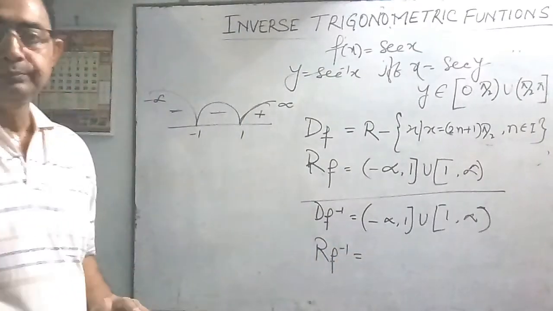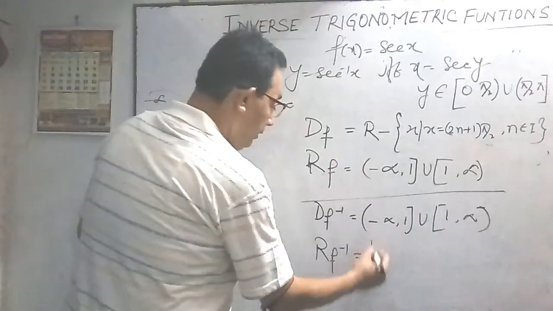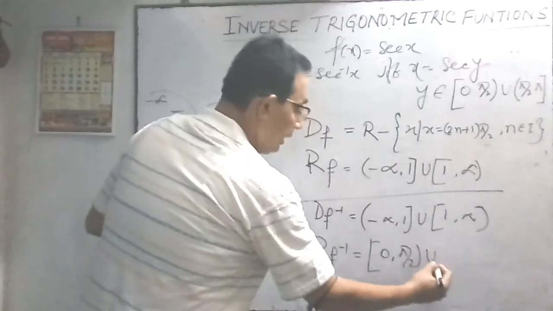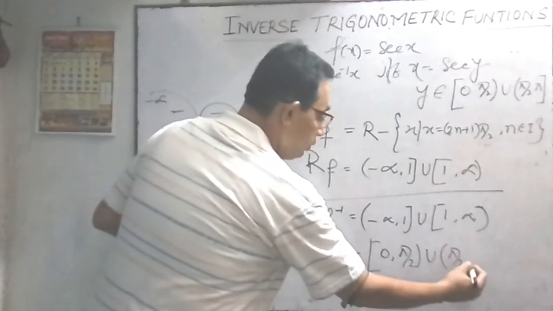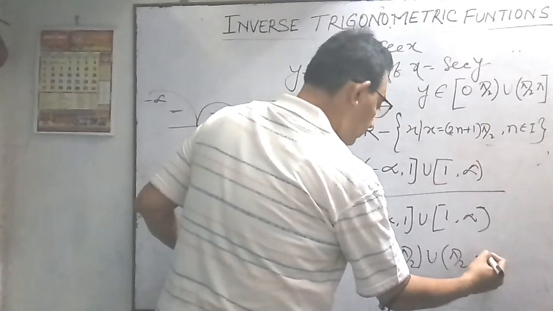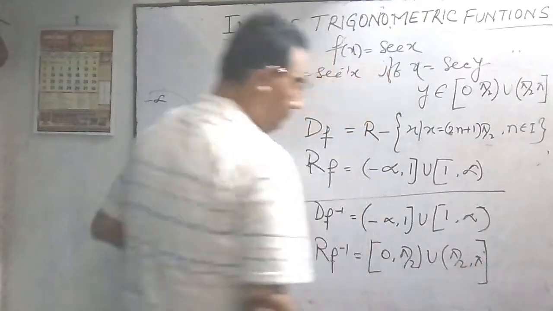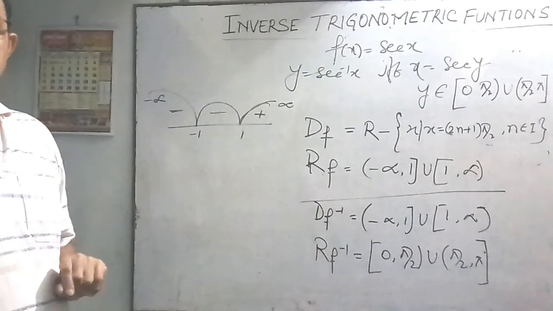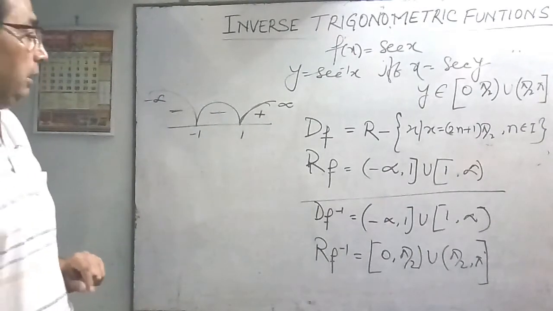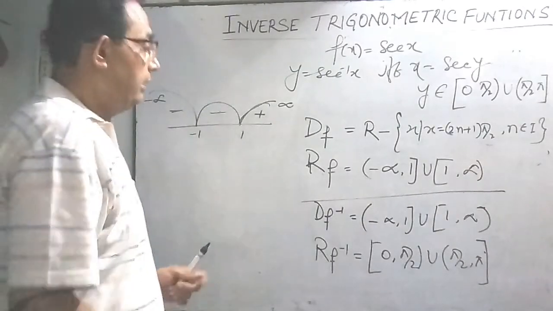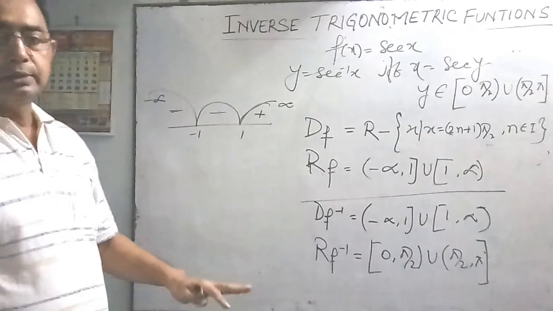The range should be 0 to pi by 2 union pi by 2 to pi. Understood? This one is clear or not? Now for cosec x, this is clear, you note it down.